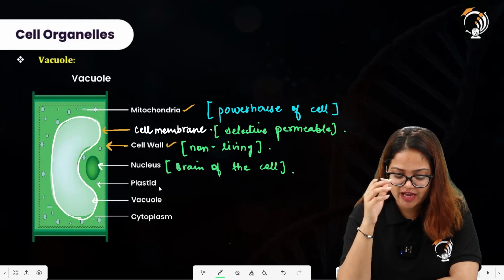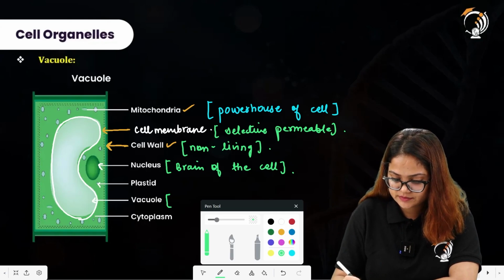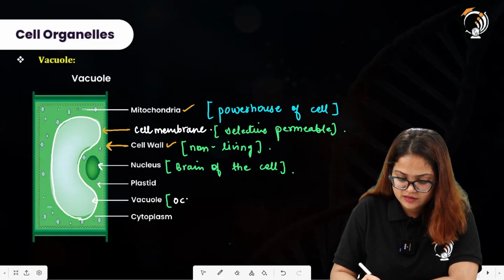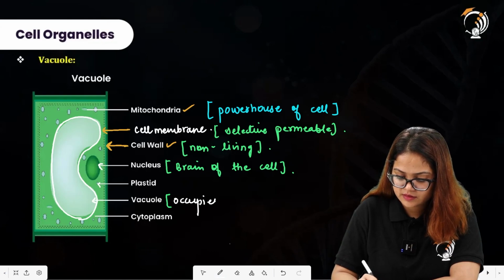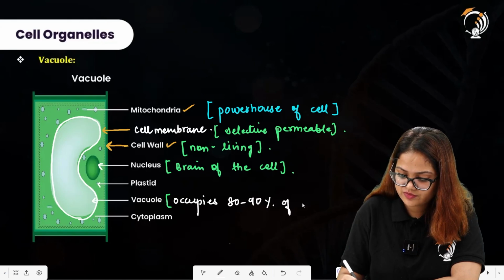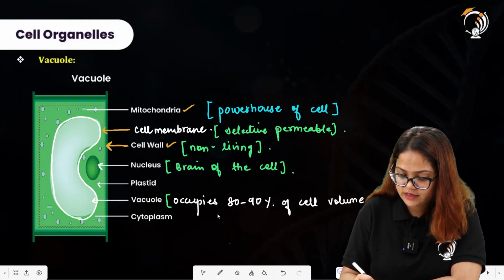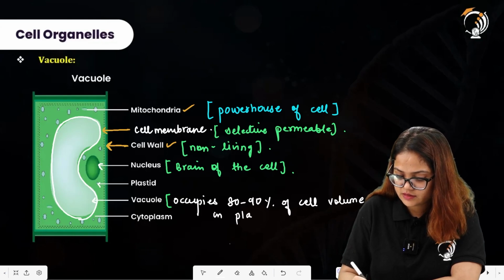All right, then we have the vacuole. It occupies 80 to 90% of cell volume in plants.